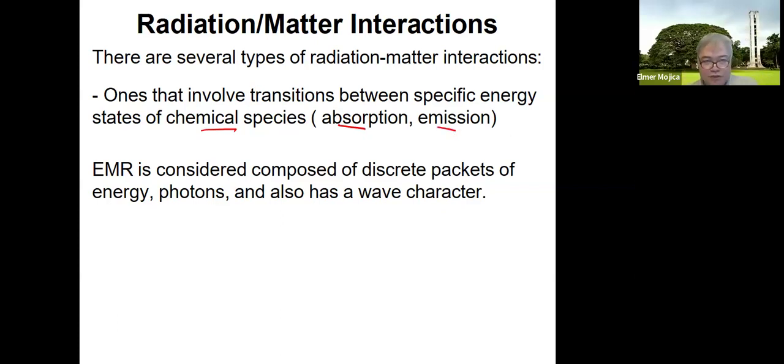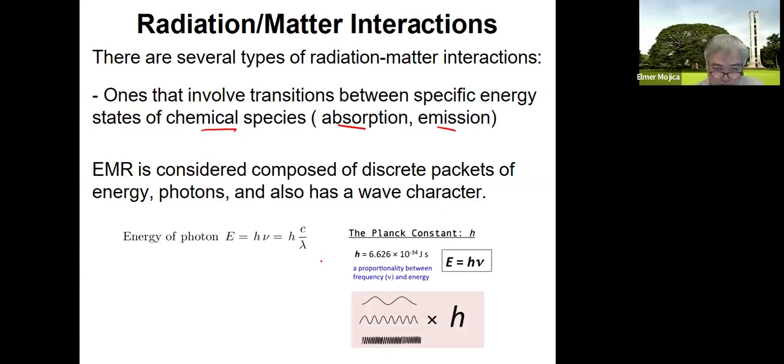For this radiation matter interaction, we could say EMR is the one that is involved. So if you have EMR, what is that? Electromagnetic radiation. If you're going to look at this electromagnetic radiation, it's a form of energy that is transported through space at high velocity. And the electromagnetic radiation, we could say, has what?